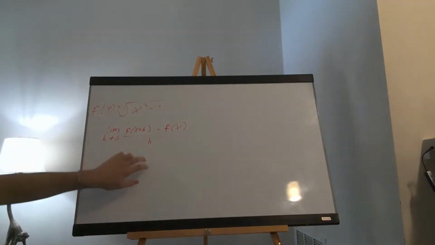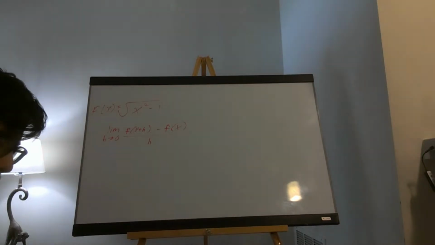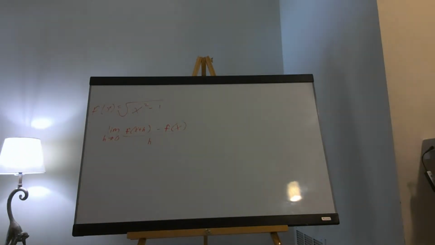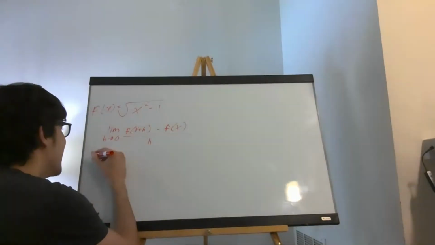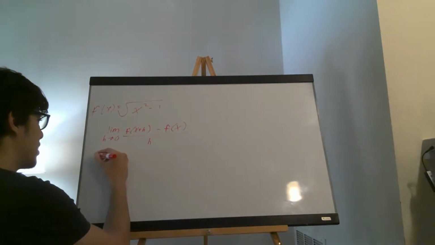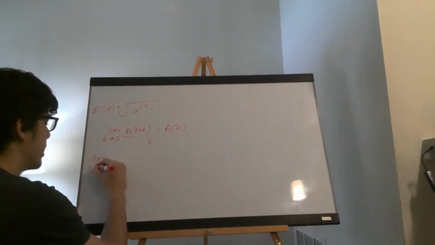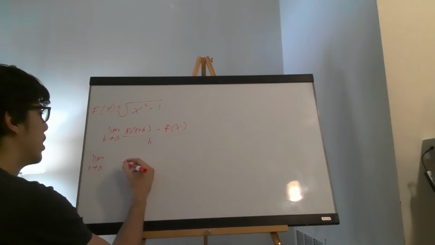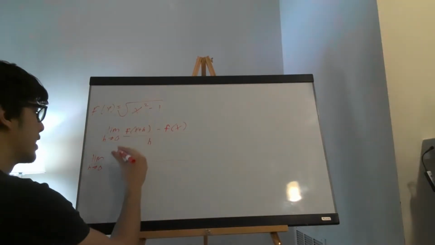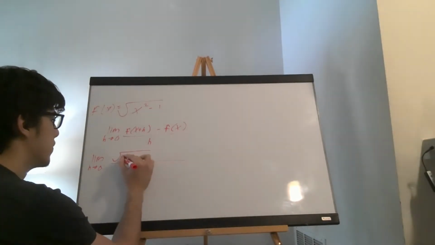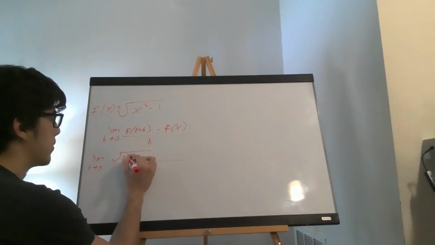This should look quite familiar at this point. I'm sure it has been permanently fried into your brain, much to your disdain. So now let's do the next step here. Limit as h approaches 0. So we're just going to plug in. Let's see, square root x squared.